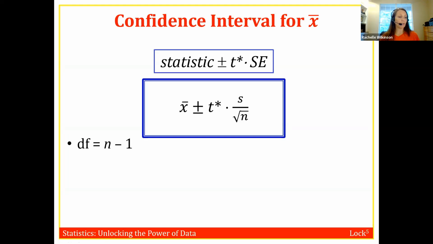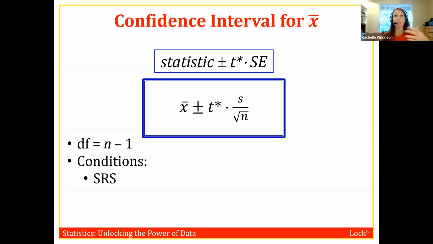All right, let's talk about the conditions for being able to use this t-distribution approximation to our sampling distribution. And we have two conditions. The first one is that we have a simple random sample. And when you're actually conducting an experiment, this is a really important one, and you as the experimenter or researcher need to be aware of the methods that you're using to collect the sample.